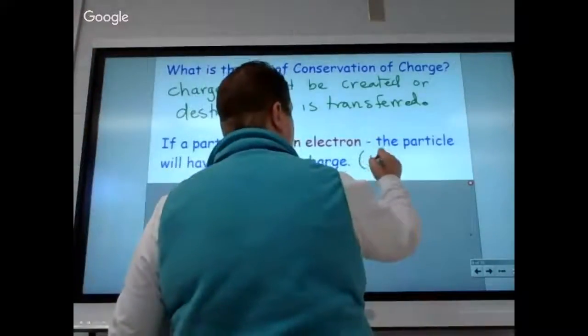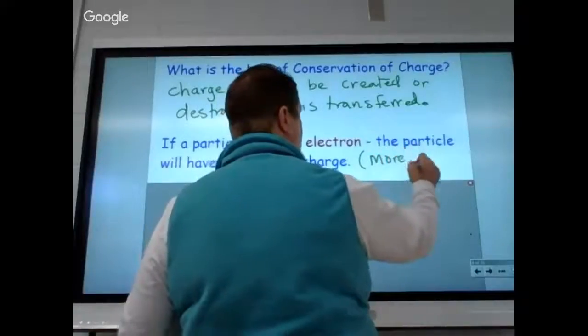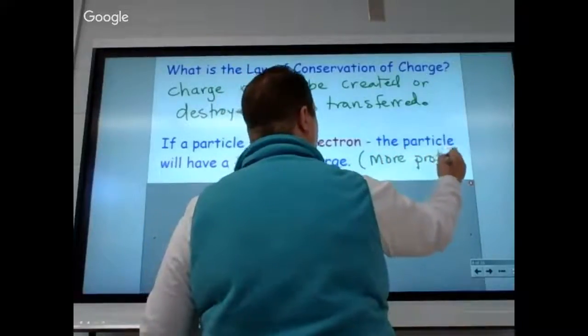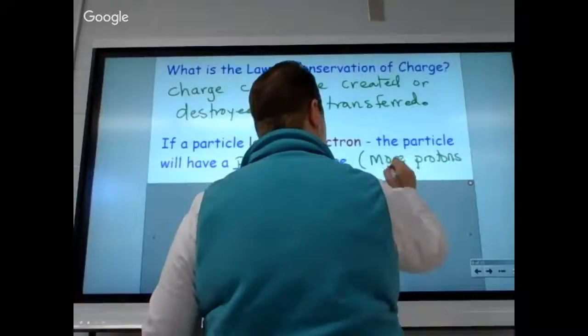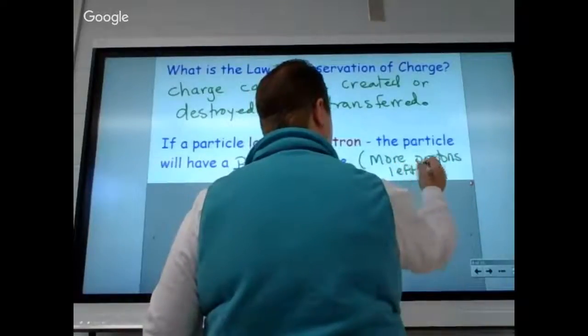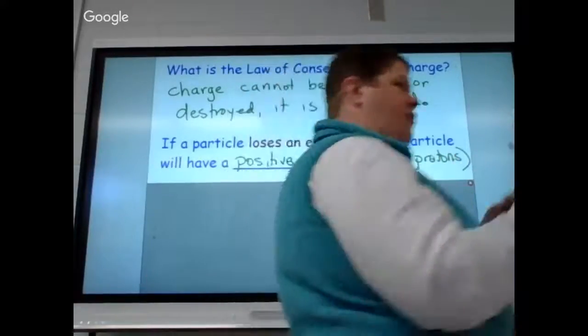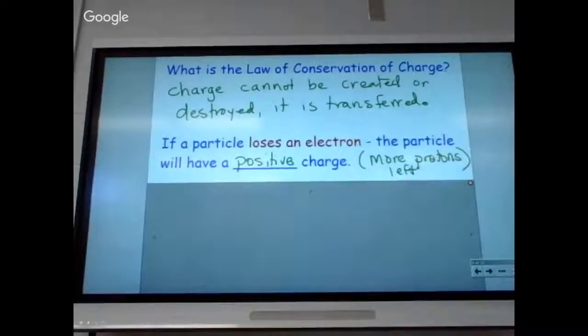If you lose electrons, you have more protons left, more pluses left. There are more positives left behind. So if there are more positives left, you have a positive charge.